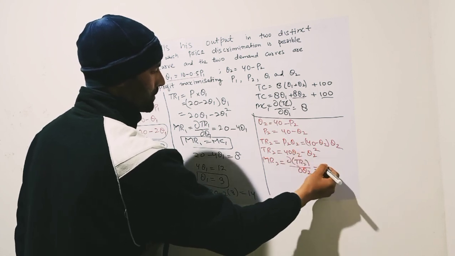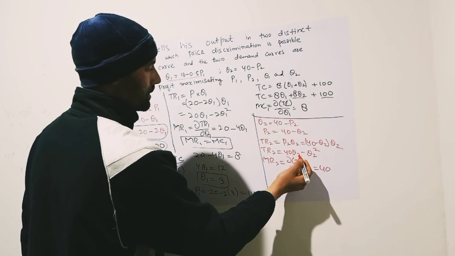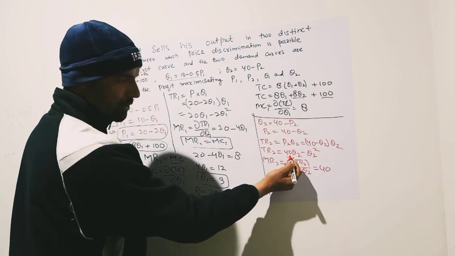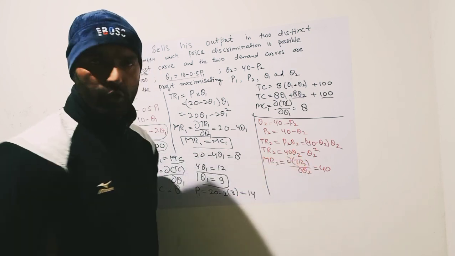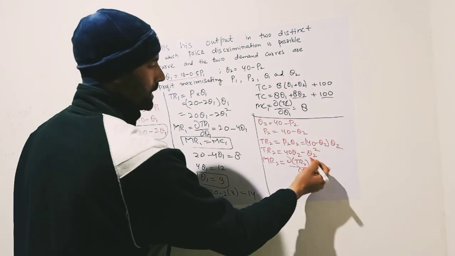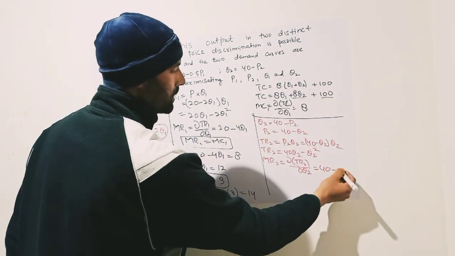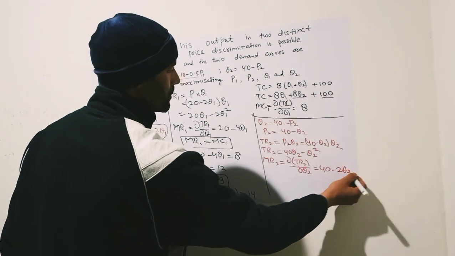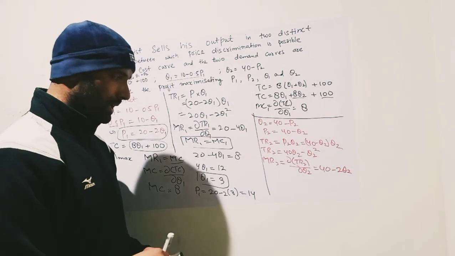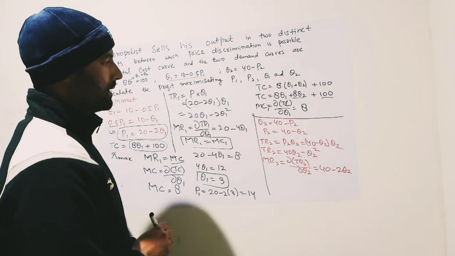Taking the derivative of this function with respect to q2, we will be left with 40 here, because the derivative of q2 is 1. Derivative of q2 square is 2q2, so we get 2q2. This is our marginal revenue in the second market.